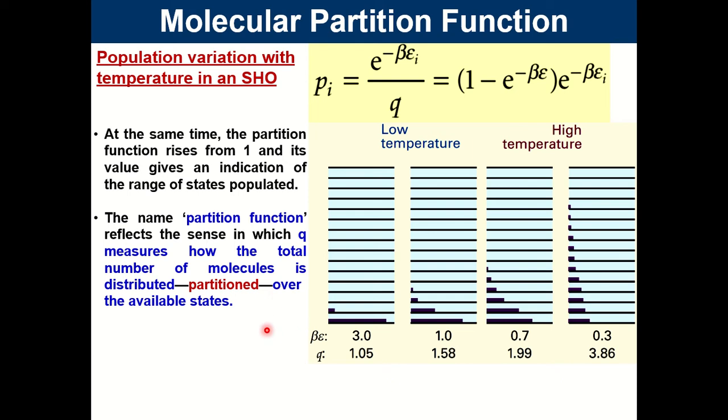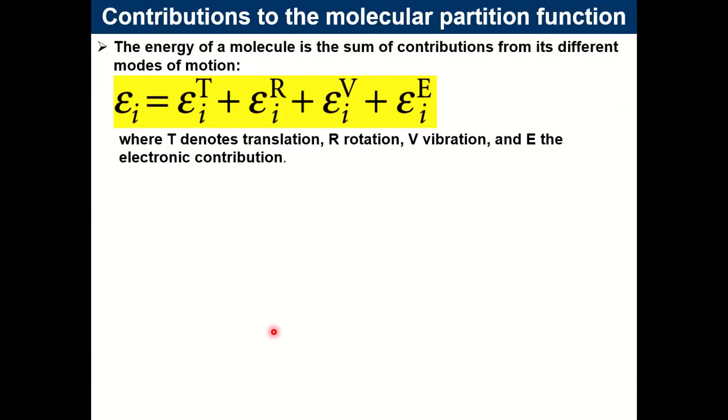Now in a molecule, all these motions are taking place simultaneously. So we have translational motion, rotational motion, vibrational motion. All these energies will contribute to the total energy of the system. So when we write the partition function for a molecule, we have to take the contributions from each one of them. So that's what we start with, this expression first.